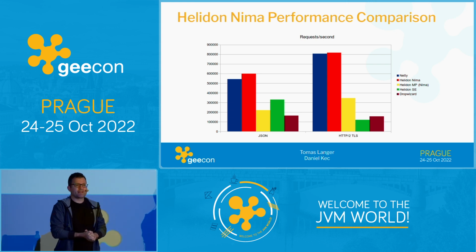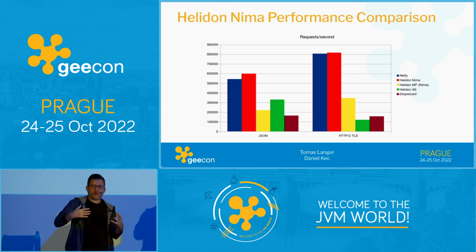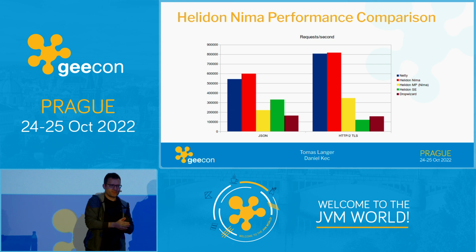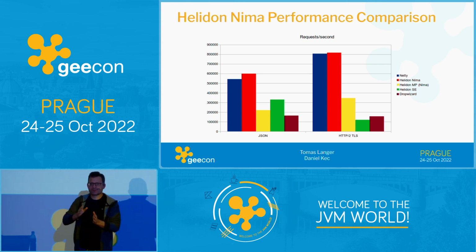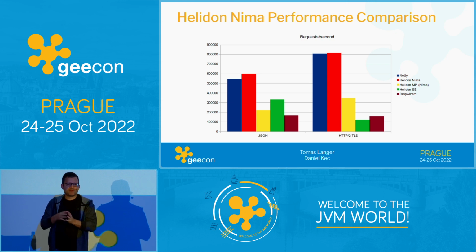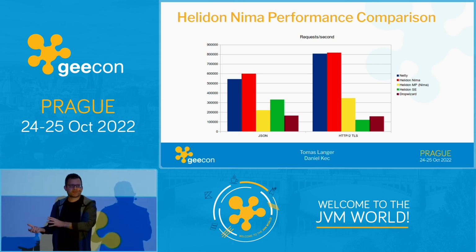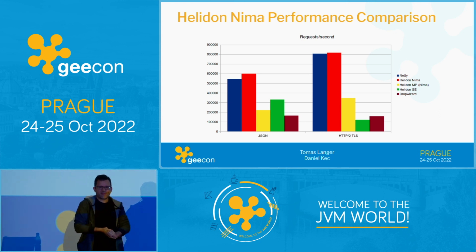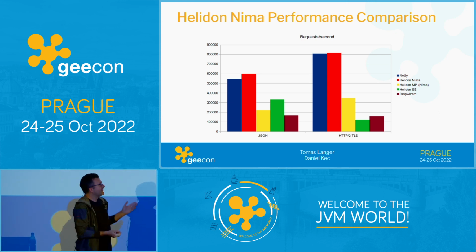And the reason for that is there is quite a lot of overhead that you need to do because Netty is not a reactive server. It is a non-blocking server. But to transfer from Netty request and response, you need to do quite a lot of code to create the reactive stream. And obviously, we could improve there. Luckily, with Nima, we don't need to do it because that's really easy.